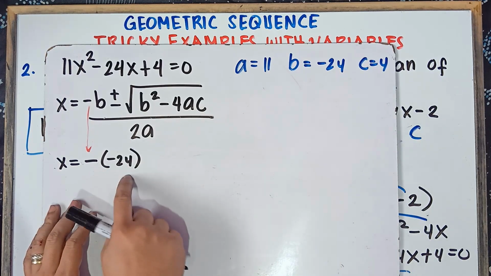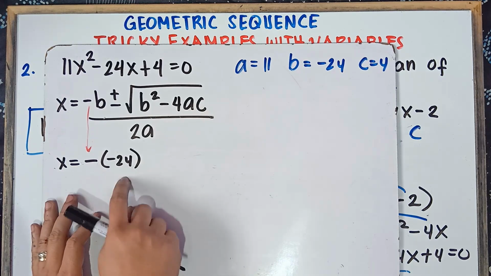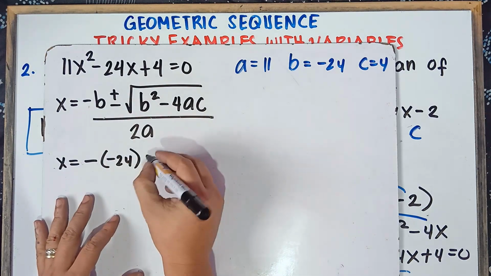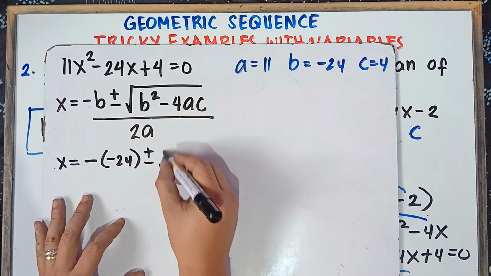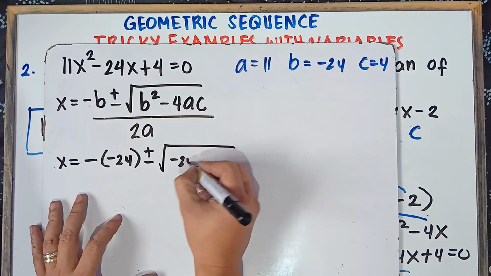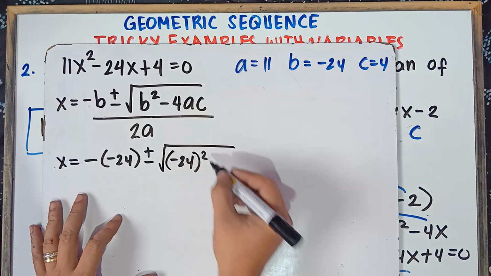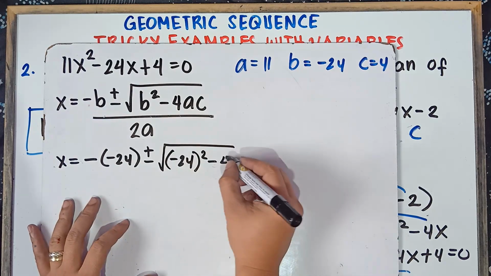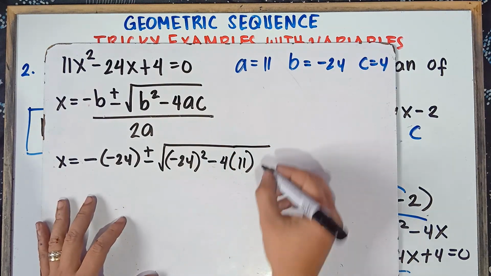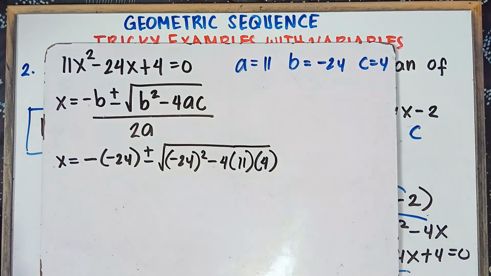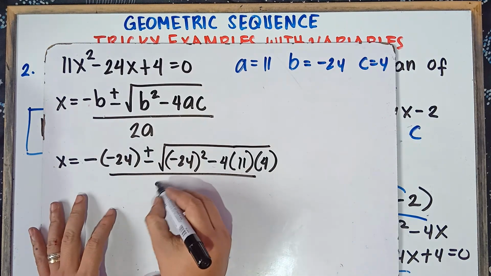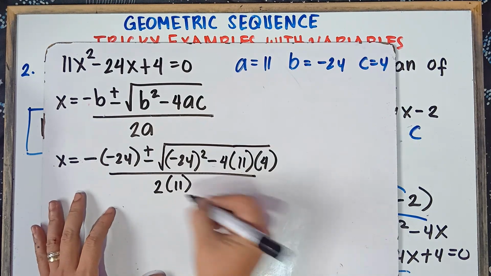Alright, so copy plus or minus, and then the square root of our b, negative 24, quantity squared, minus 4, our a is 11, and then our c is positive 4. All over, do not forget, all over 2 times our a, 11.